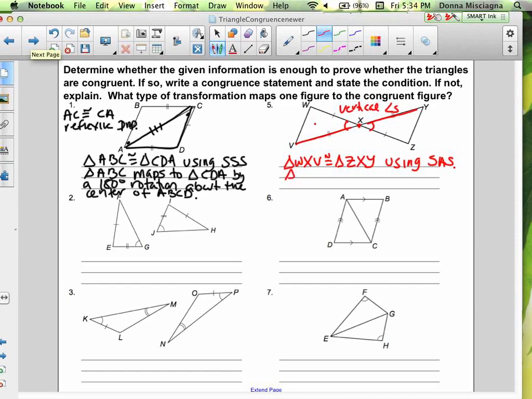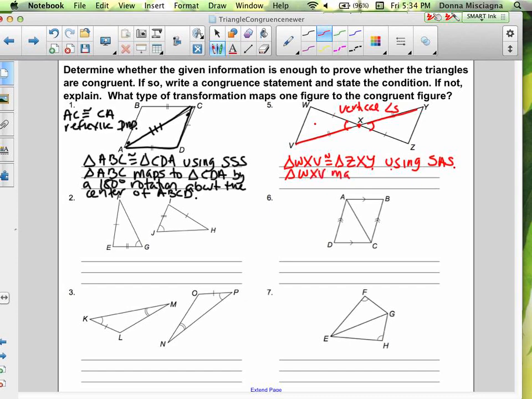So triangle ABC maps to triangle, oops, I'm looking at the wrong triangles, I'm sorry. They're not ABC, they're WXV.